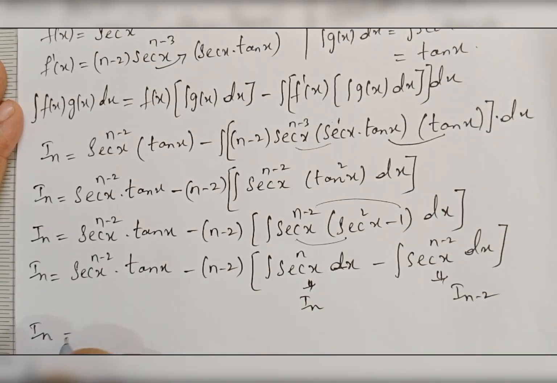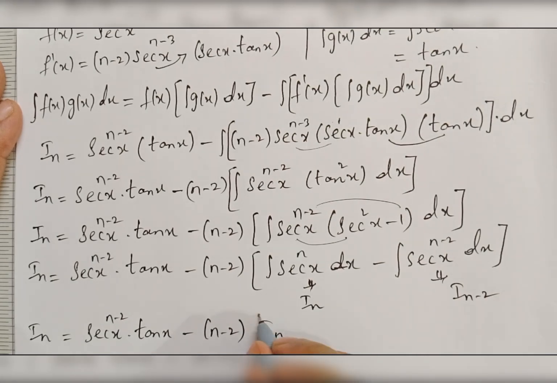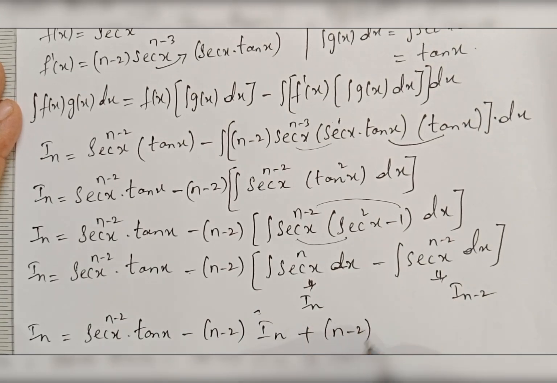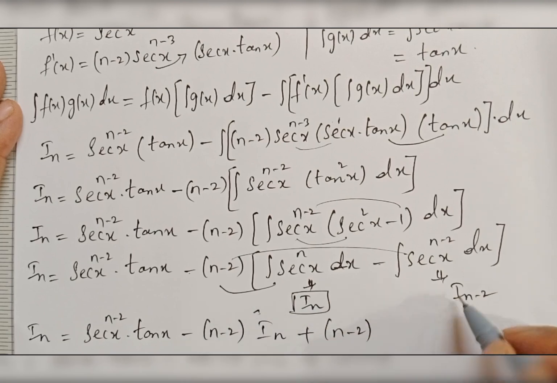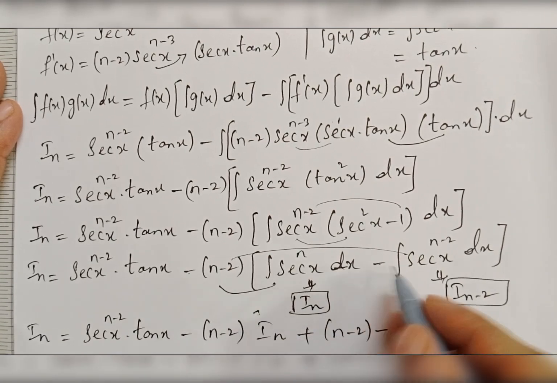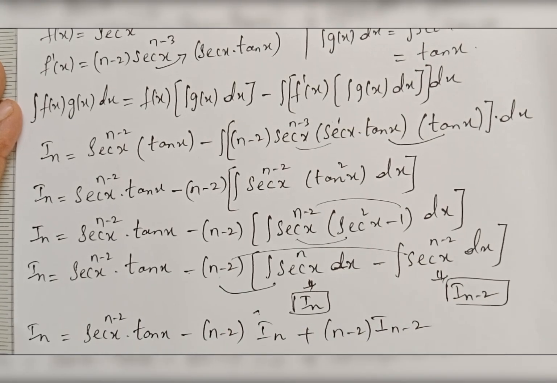So I_n is equal to secant x power n minus 2 into tan x minus n minus 2 into I_n, and again minus into minus will be plus, so plus n minus 2 into I_(n minus 2), as we are multiplying with both the terms.